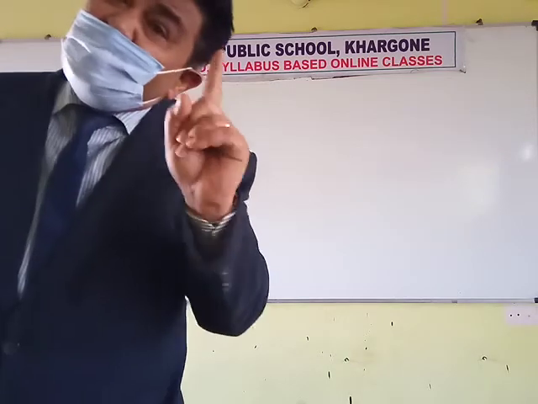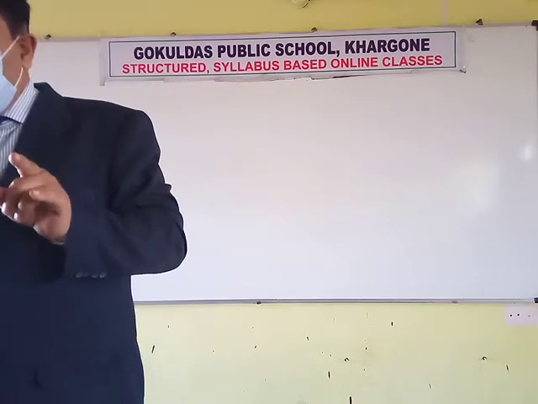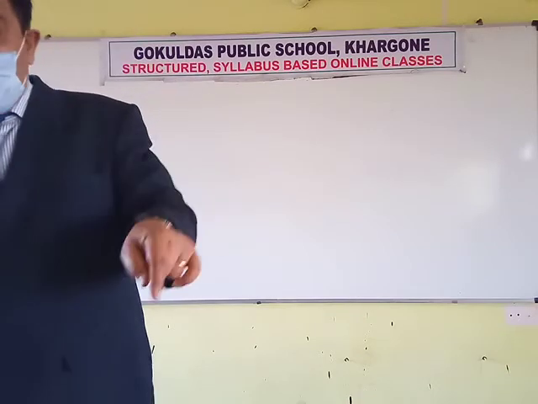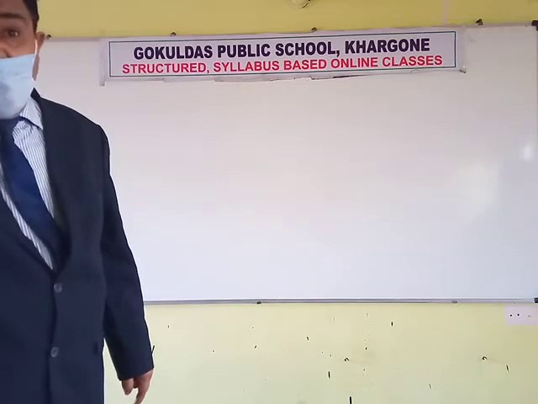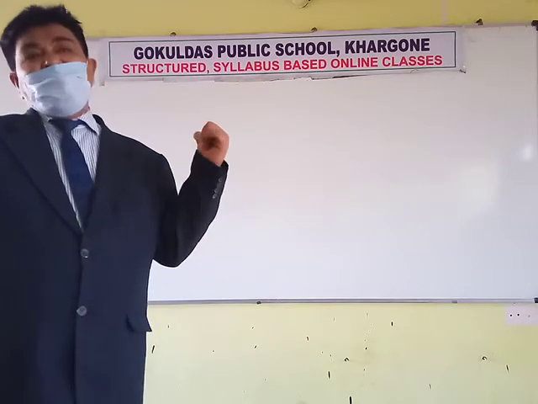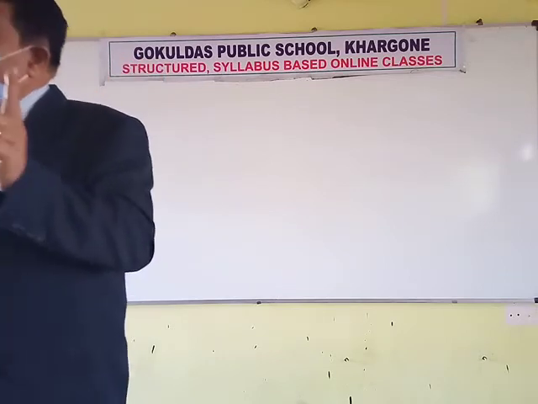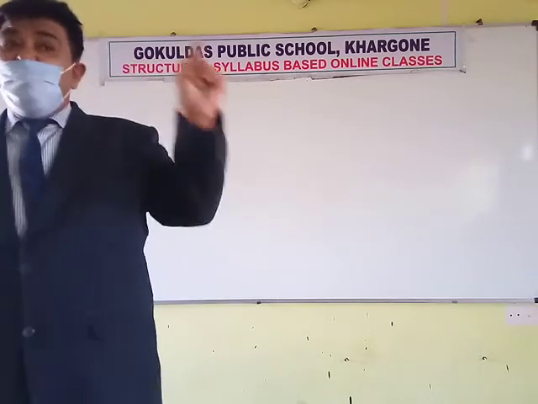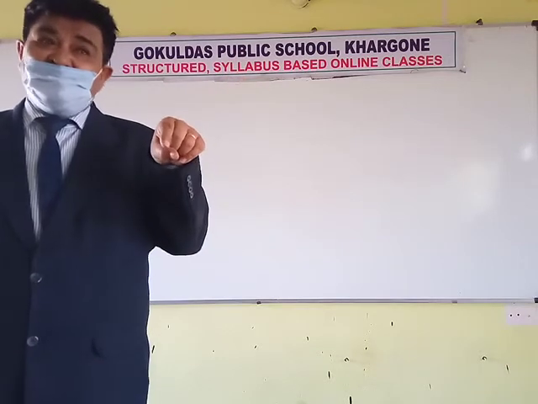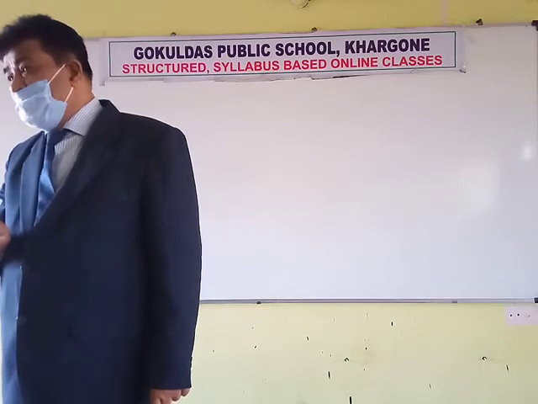Some action will be going on. The children are in the classroom, means what is the activity going on? Their presence is there. The teacher is teaching, again an activity. The children are paying attention, again an activity. The school is functioning, again an activity. The fan is spinning, again an activity.